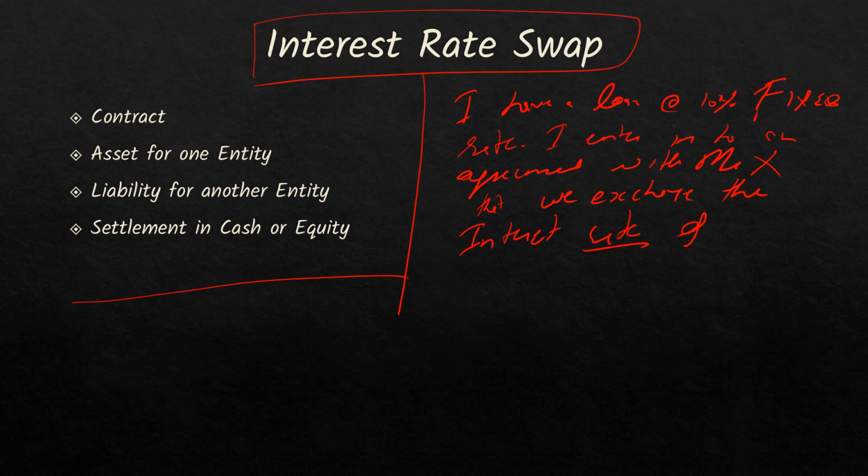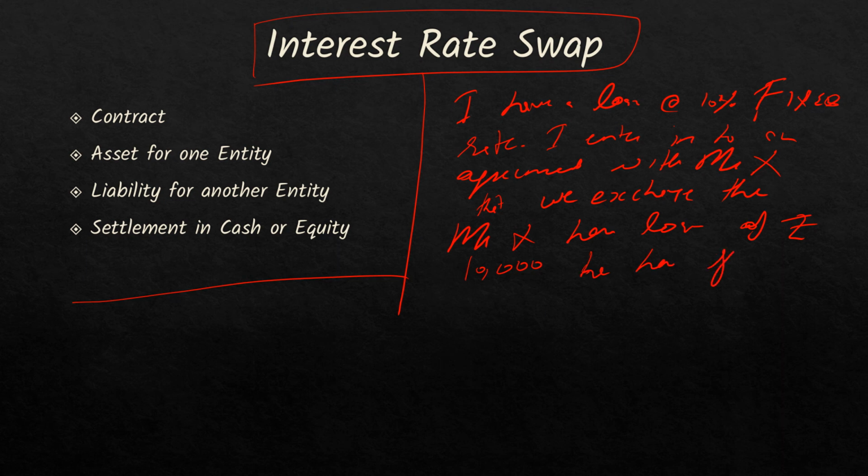Mr. X has a loan of rupees 10,000, and we both have a loan of 10,000, but he has a floating interest rate. I think that the interest rate might decrease in future, so I think I should have a floating rate.